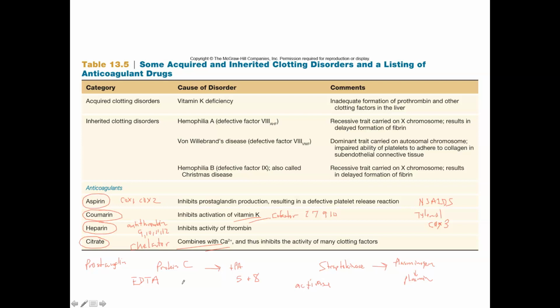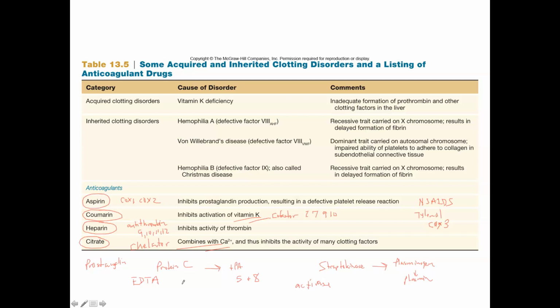Citrate is actually the first chelating chemical that was used to store blood. So early on, when we were developing the ability to transfuse blood, we needed a way to store blood long term.